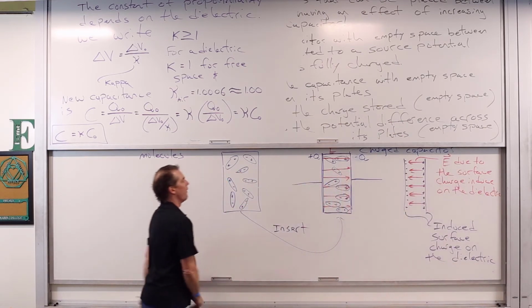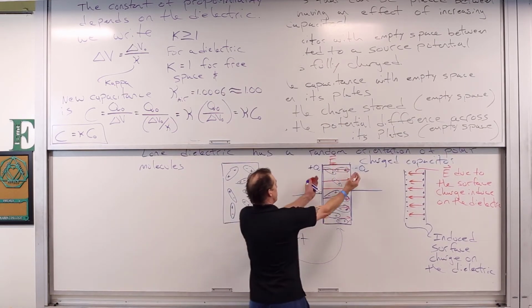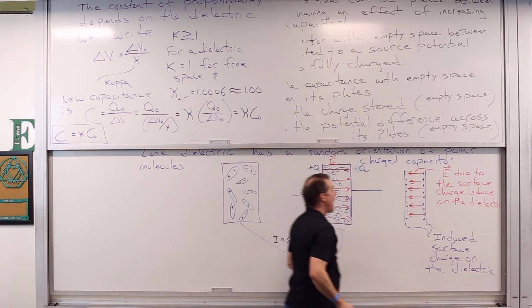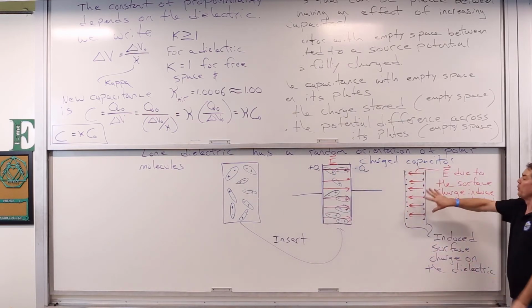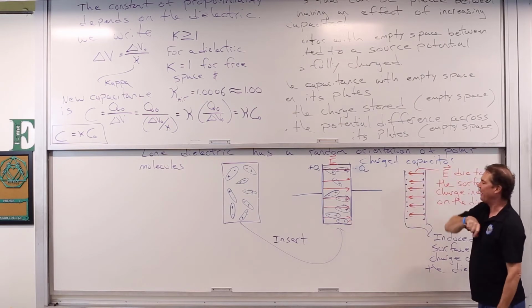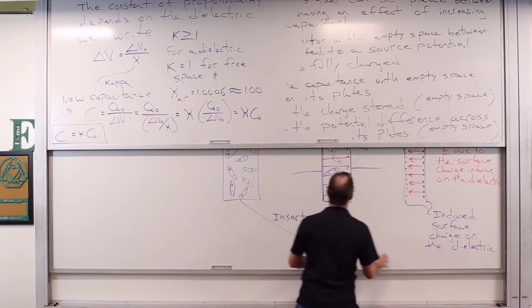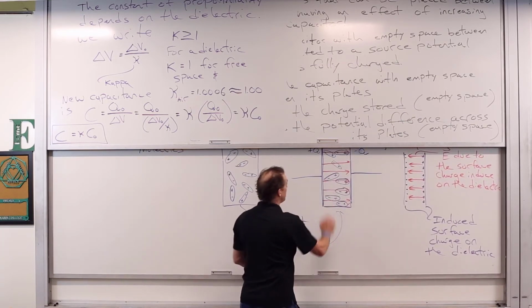What do we have now? Well, we've got this electric field due to these outer plates being charged, and we've got this electric field due to the polarization effect regarding the dielectric. There can be only one electric field, right? The overall electric field would be the vector sum of these two.